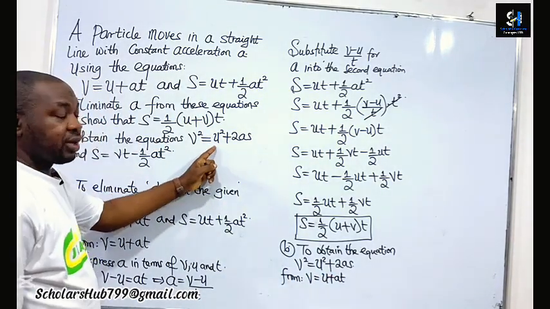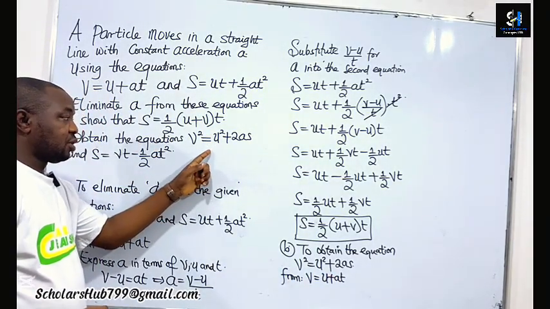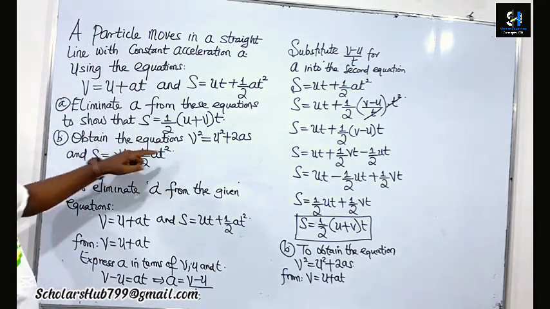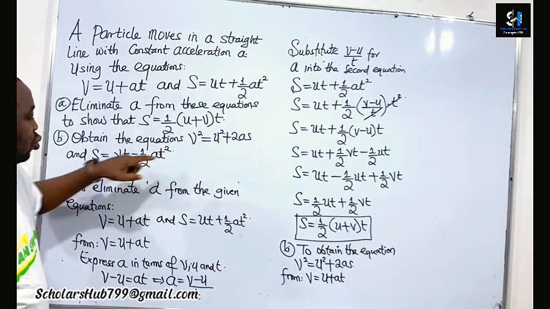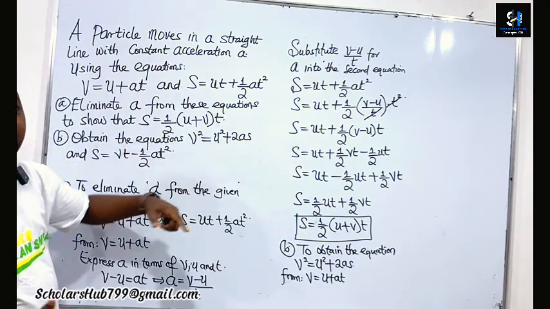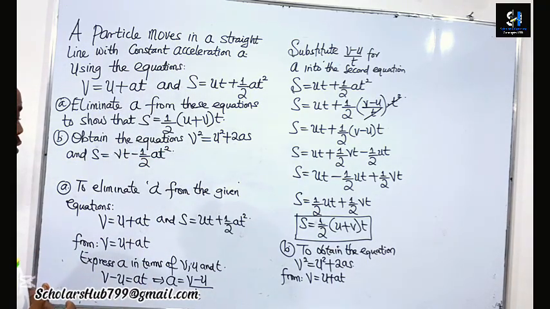In this case, we are not getting rid of acceleration. We are only asked to use these two equations to obtain these equations. v squared equals u squared plus 2as, which is the fourth equation of motion.